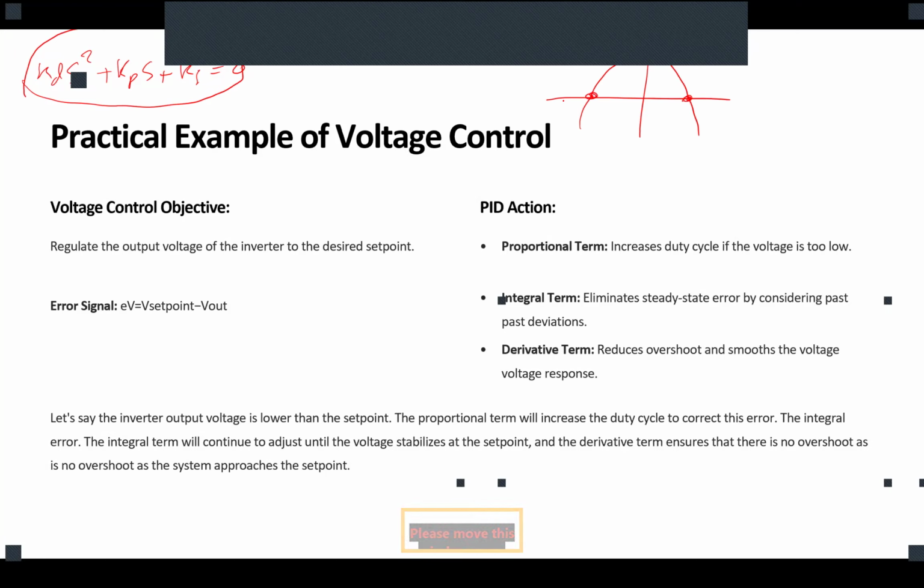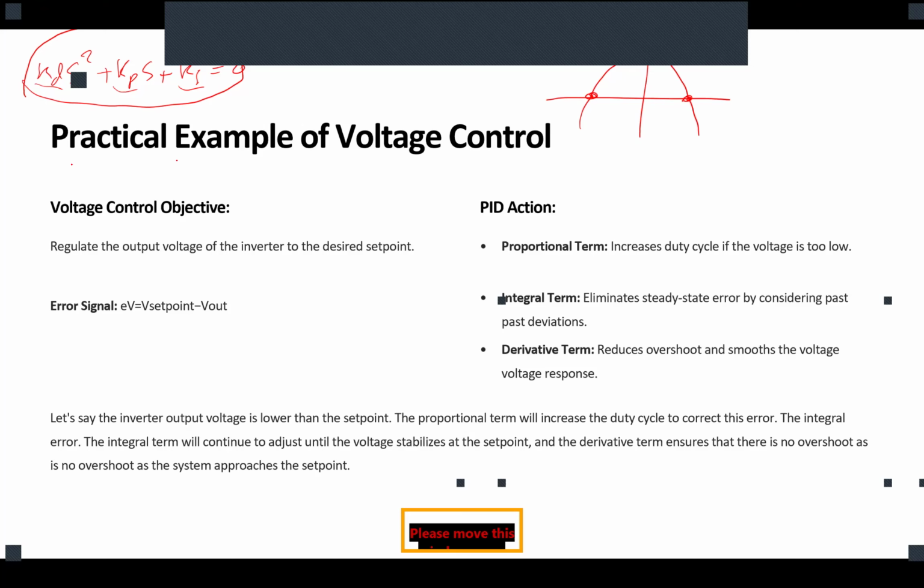Correct? So when you want to calculate the two roots based on the values of KD, KP, and KI, which basically in the RLC system, if I don't forget, let me derive that.